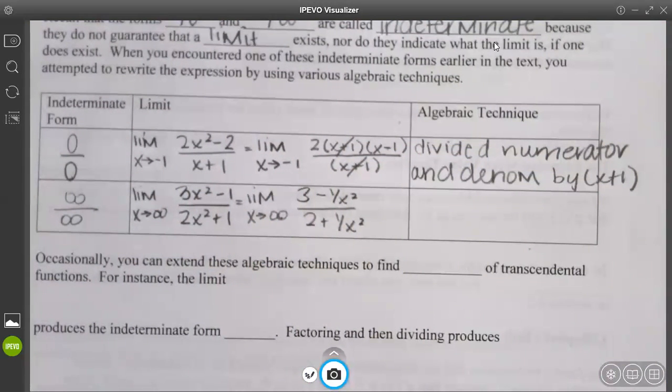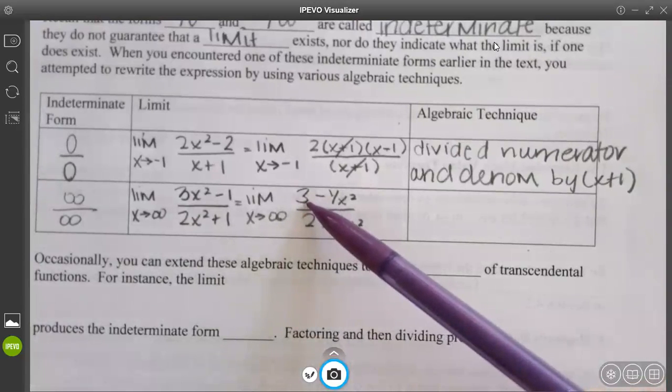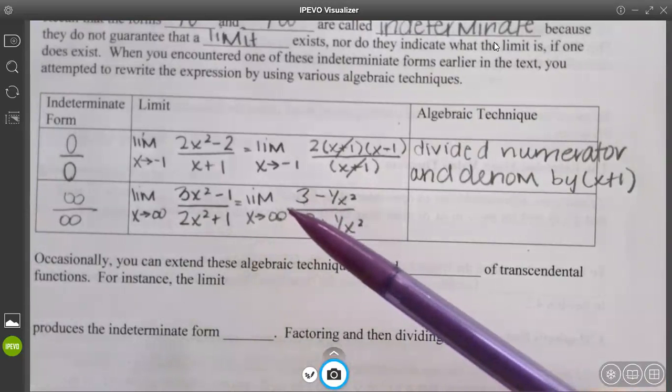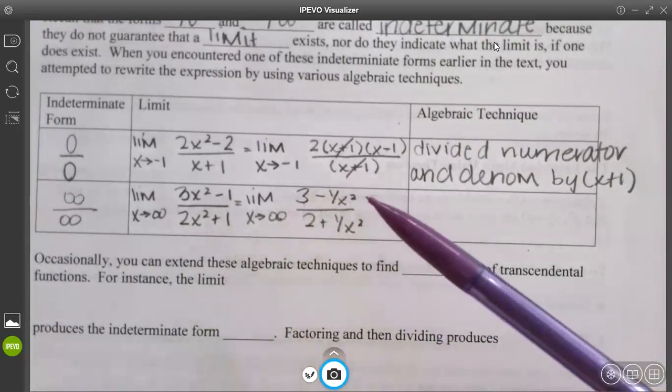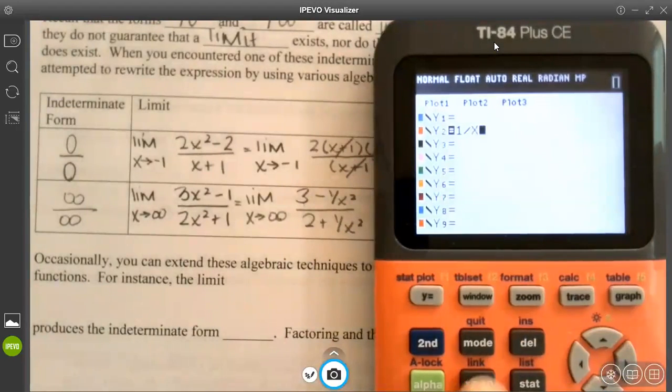And then we took the limit of each individual part. What's the limit of 3? The limit of a constant is the constant. The limit of 1 over x squared as it approaches infinity.